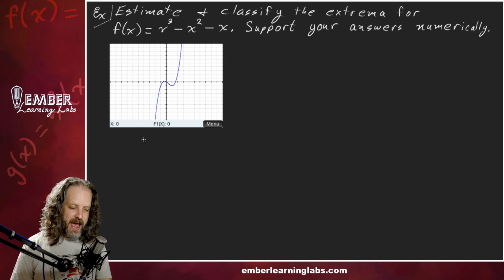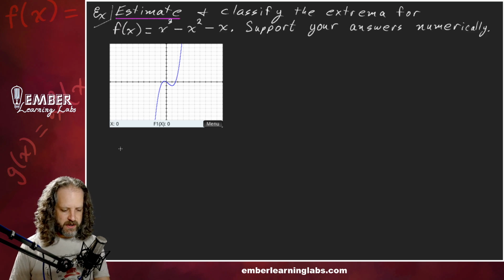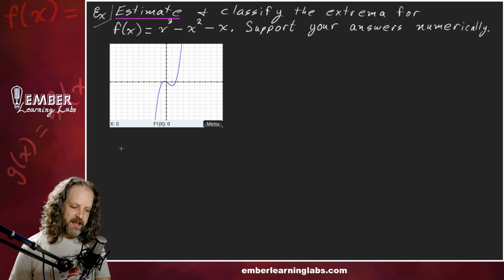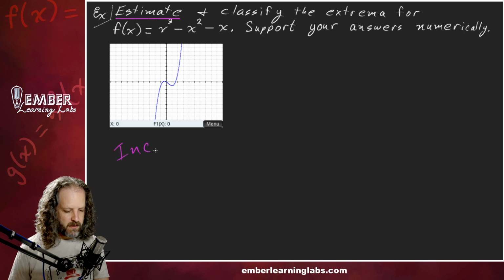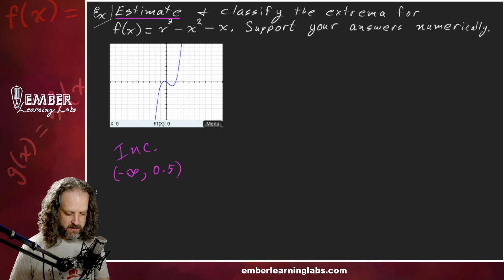So we're going to estimate, and let's kind of color code what we're doing, that it is increasing from negative infinity to a half, and from, looks like 1, to positive infinity.